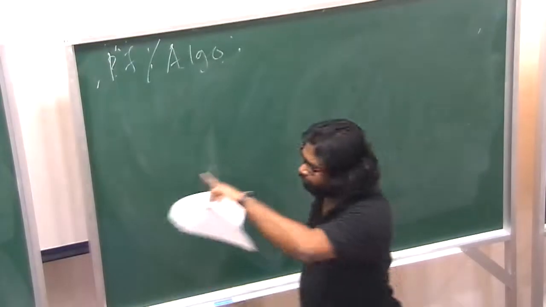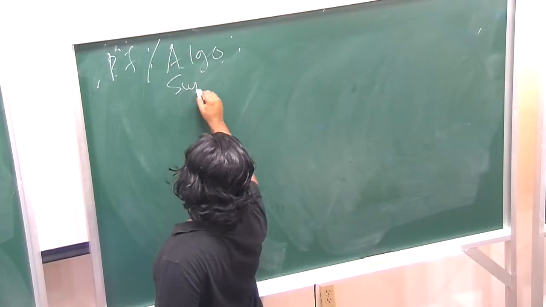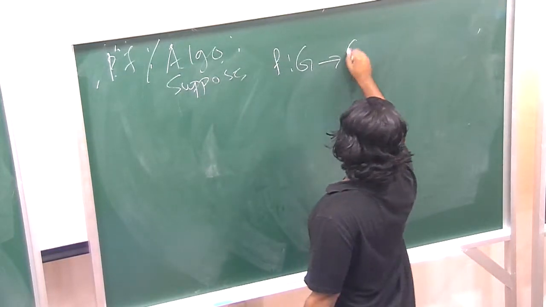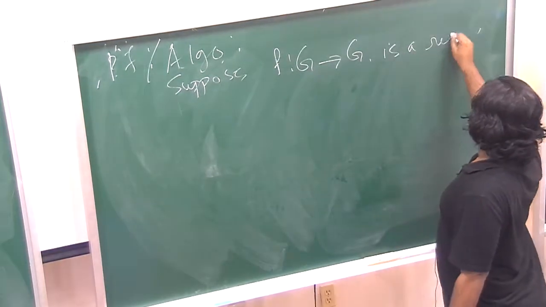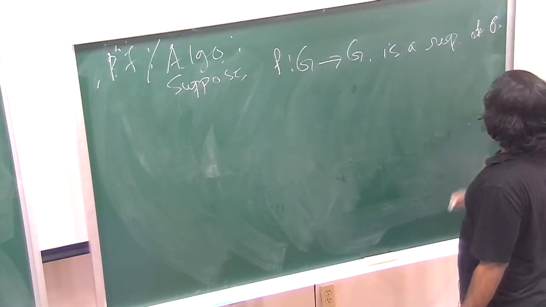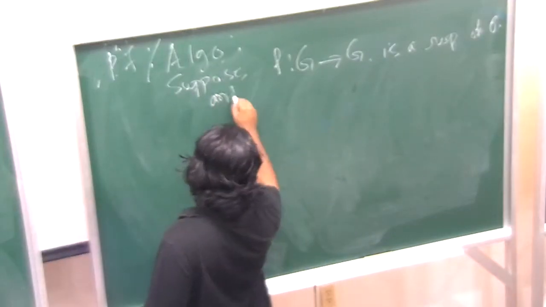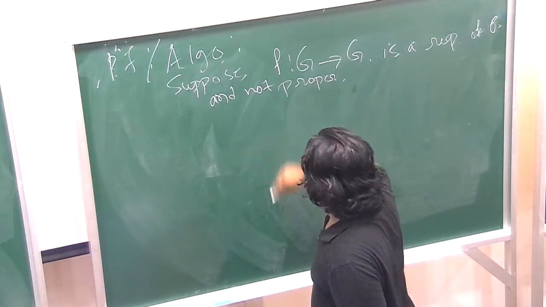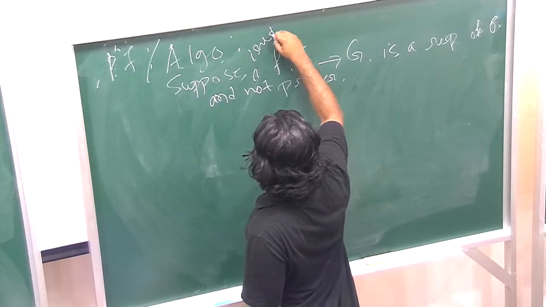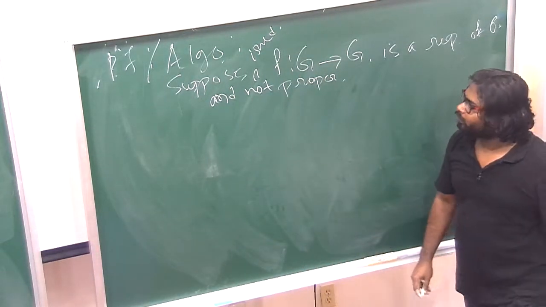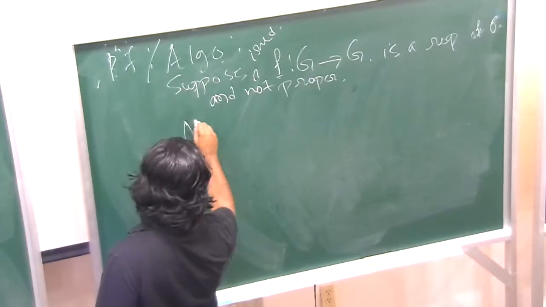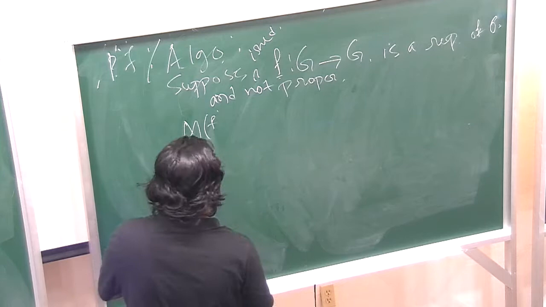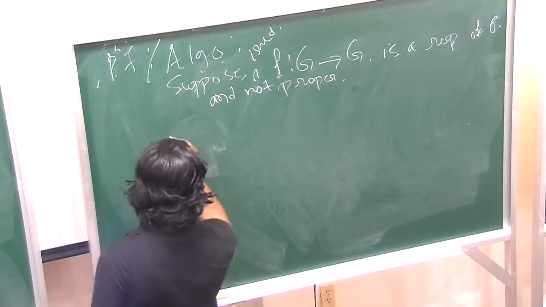Okay, so suppose f: Z to Z is a representative of O, not proper, but irreducible. For this one, I can consider the PF eigenvalue.